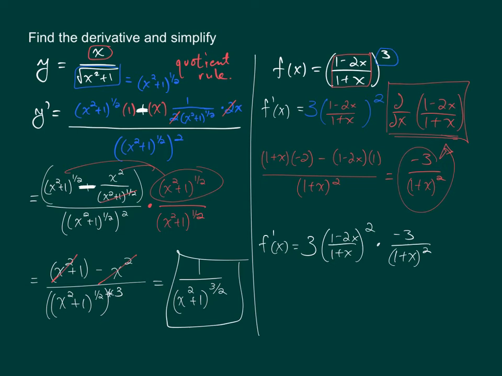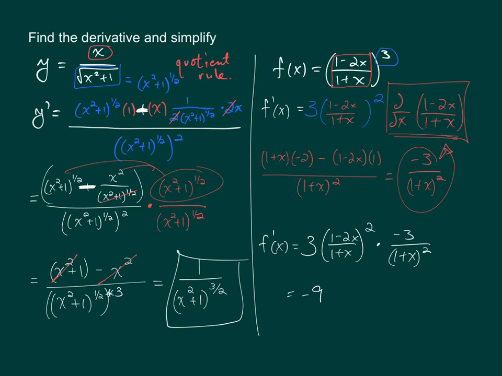From here, remember one of the simplification rules is to multiply your constants together. So I've got 3 times -3. That gives me a -9. So I'm going to say this is equal to -9.